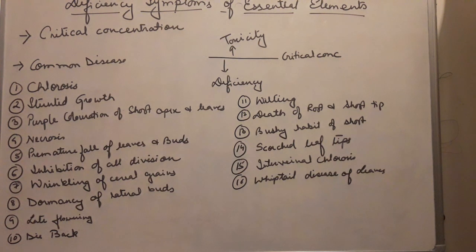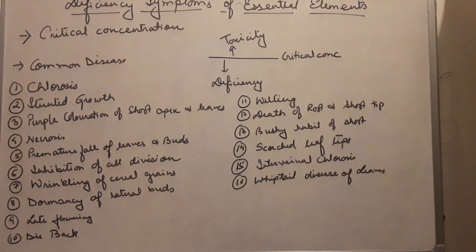Suppose the amount decreases, then what happens? Deficiency occurs. And if that particular amount exceeds, that is, more than that is present, then it is known as toxicity. So both are harmful, but if deficiency is there, then we can add the nutrients and equalize the critical concentration.